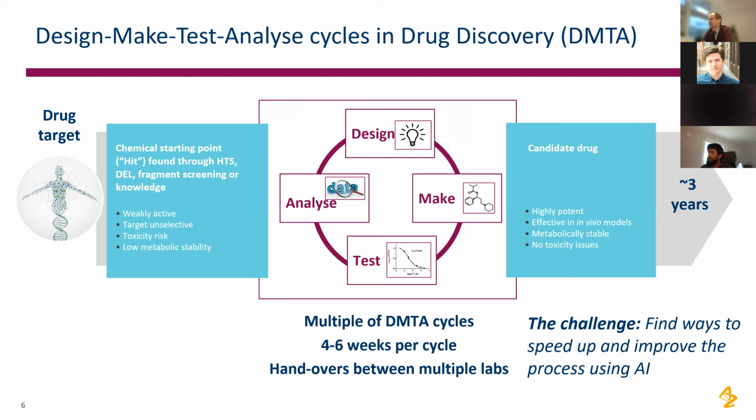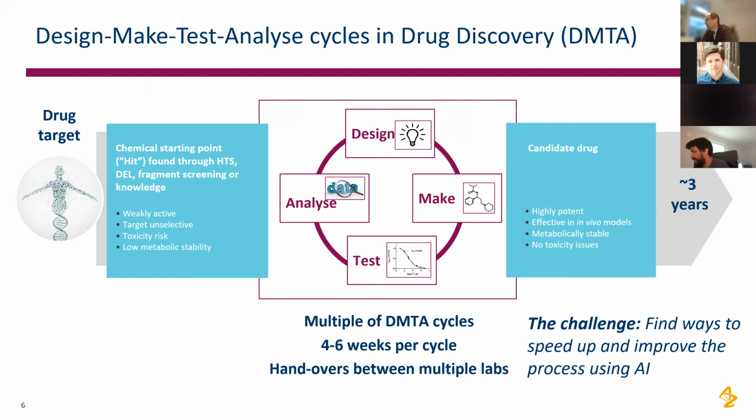So we need to optimize these, and we do that via design, make, test, analyze cycles. So we design new compound ideas. We make them in the laboratory. We test the properties of them. We analyze that. Did it improve? Did it not improve? What is the new understanding of maybe the structure-activity relationship in the binding pocket? We design new ideas, and through that kind of iterative process, we end up with a compound that is a candidate drug.